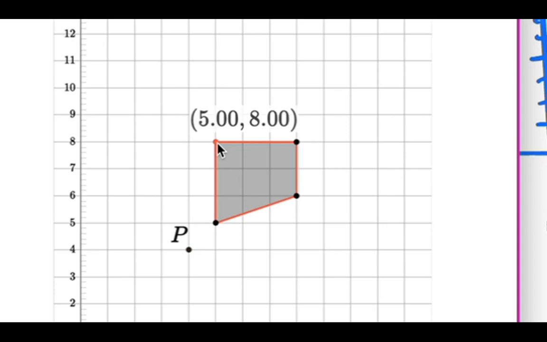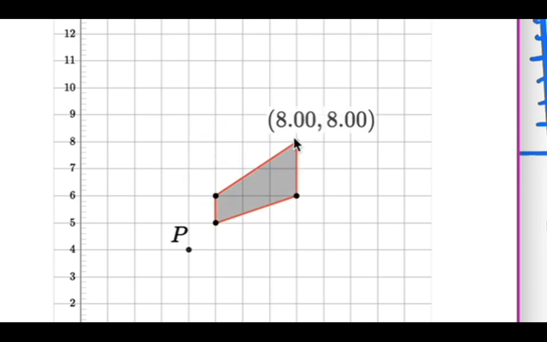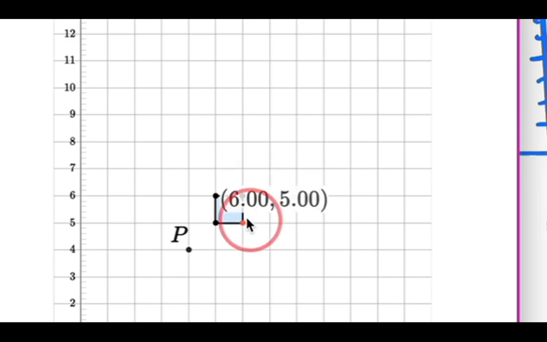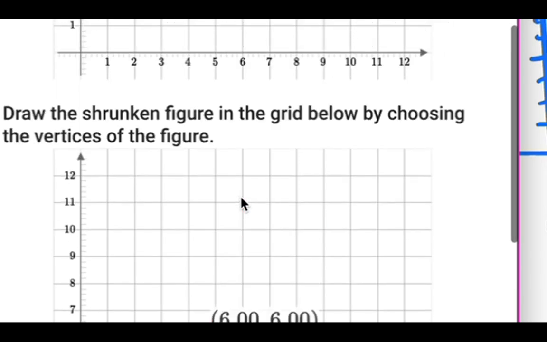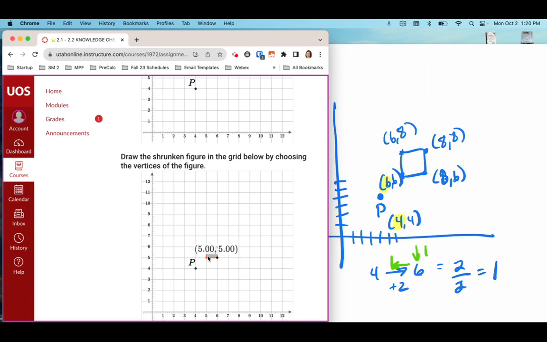That's the y value, right? That's 4. So what's the difference? Half of 4 is 2, so we've got to get 2 closer. And then once you get that, you're like, well, I just need to make a square now. And you could do that with all of those and check it. But now you can see we are smaller and we are closer, shrunk by 1/2.